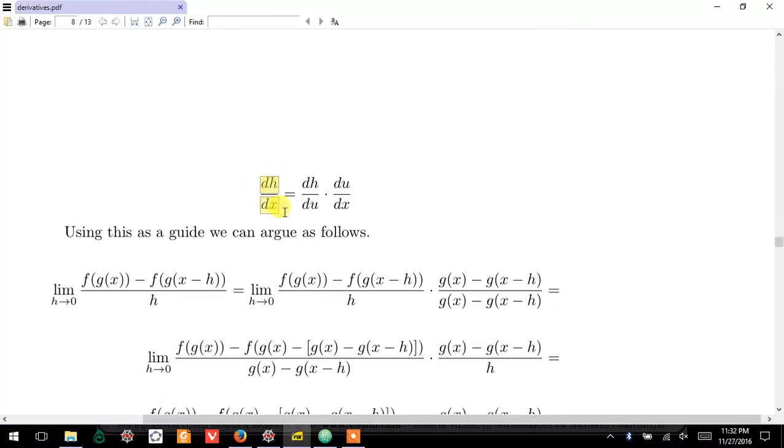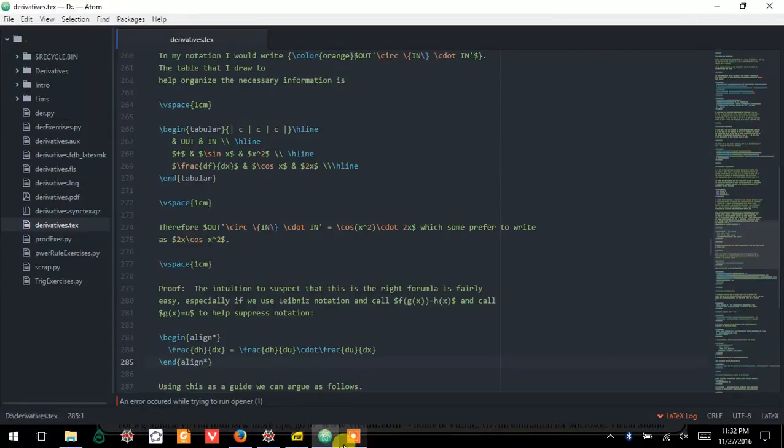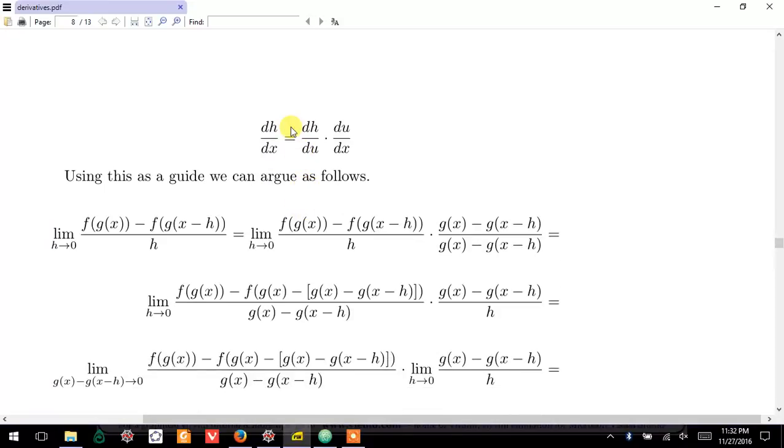So if we're looking for the derivative of the composition, which is h, then it makes sense that you might just slip in this du on bottom here and on top here, and sort of imagine that these two numbers cancel in the multiplication of fractions. Now, this is a rough argument, but it more or less gets the idea right.